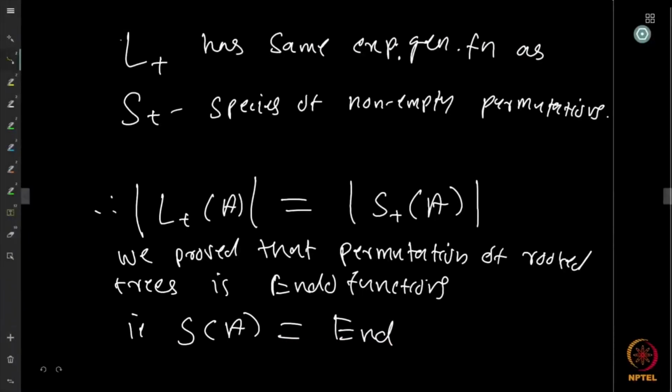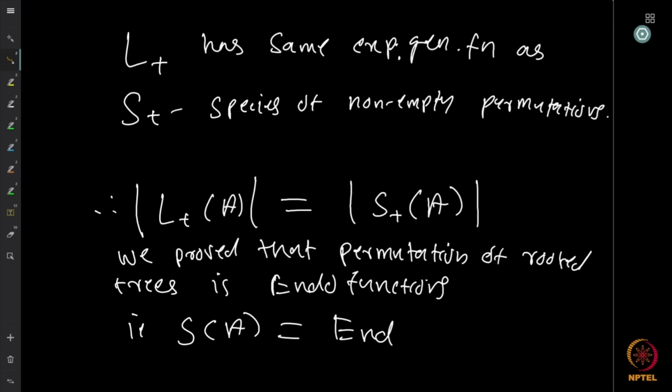Now, we know that the species of linear orders and the species of permutations have the same number of elements. When you look at the exponential generating function, they are the same. So the number of linear orders on a set and the number of permutations on a set are the same. It's basically n factorial, where n is the cardinality of the set U, right?